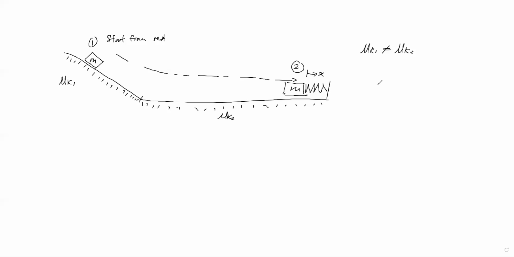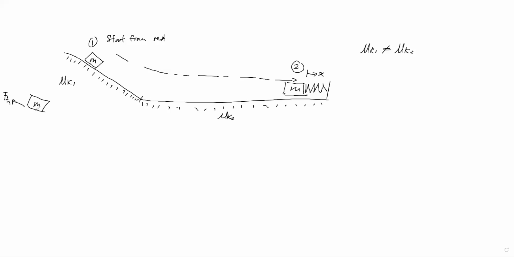So to draw the free body diagram for this one, we have a block M on the incline, and as this moves downwards, there will be a friction force. Friction force 1, I would say.